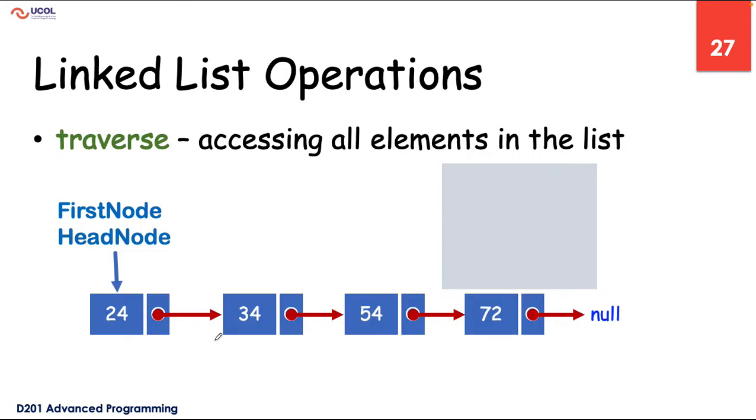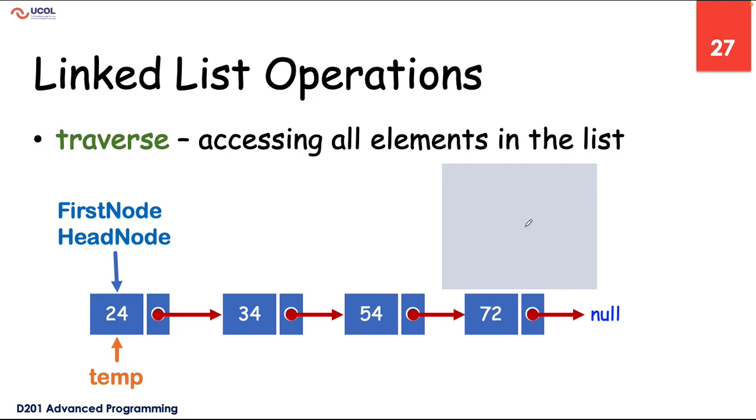Okay, fine. And then we also have how we can traverse, starting from the head node and going to the last one. So we start from the head node, print the value, go to the next, print the value, go to the next, print the value, go to the next, and eventually if the next is null, we stop that process.